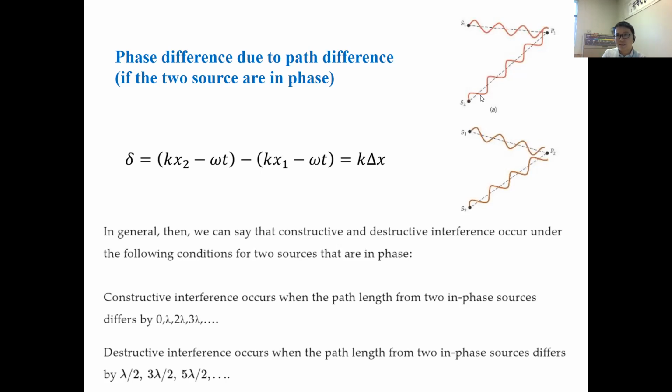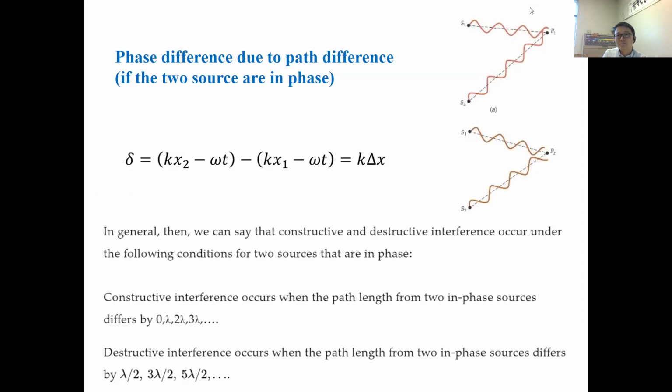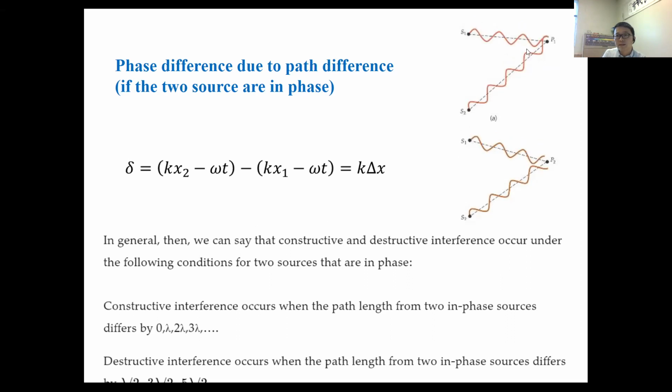So let's say you have two sources, and everything else is the same.